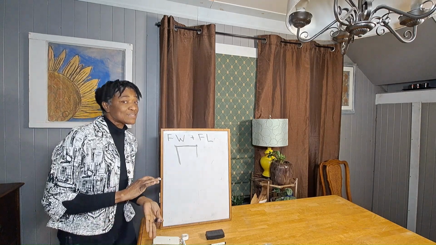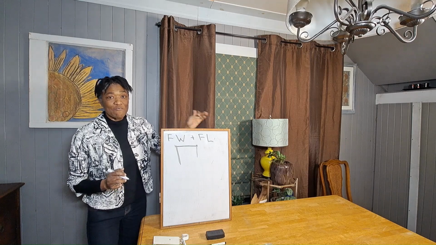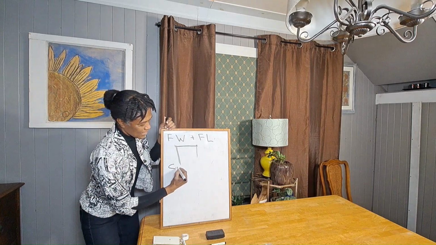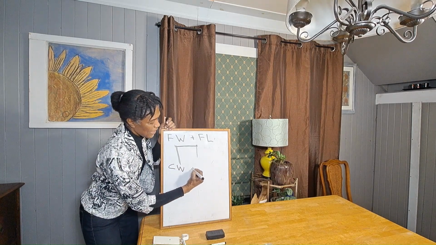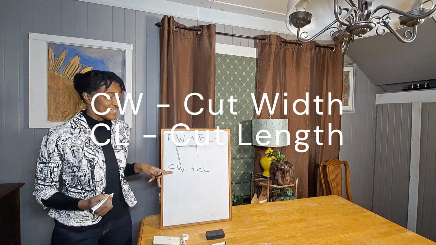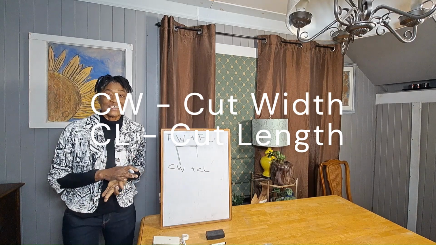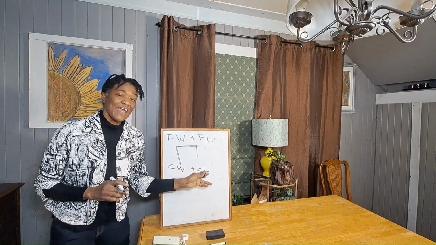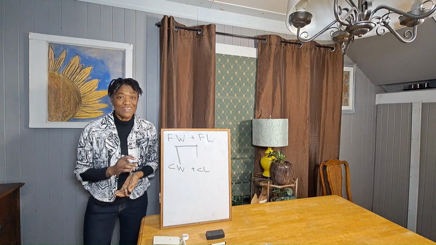Now the opposite of FW and FL is CW and CL. CW stands for cut width. CL stands for cut length.